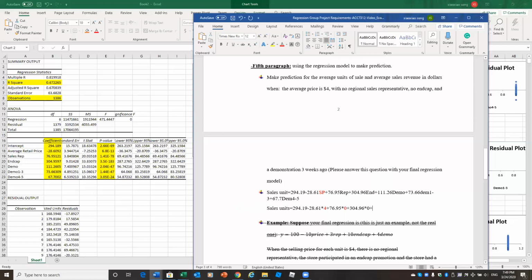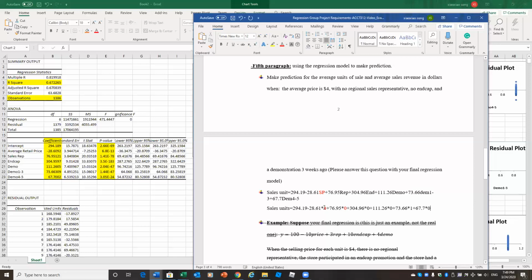And then 111.26. Demonstration: 3 weeks ago. There is only 3 weeks ago. So the current is also 0, right? Current is also 0. And then 3 weeks ago, 73.66. Now we times how much? We times 1 because there was one 3 weeks ago. And then 67.7. 4 to 5 weeks ago, no demo, we times 0.